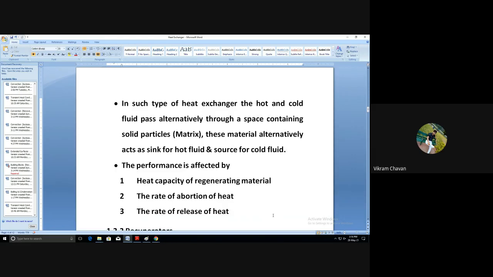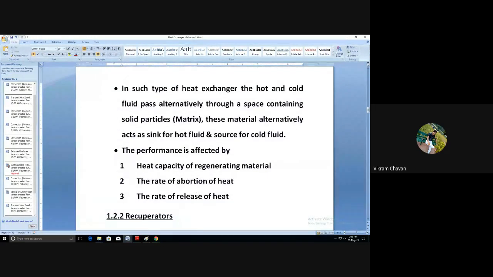Second is the rate of absorption of heat. And third is the rate of release of heat.